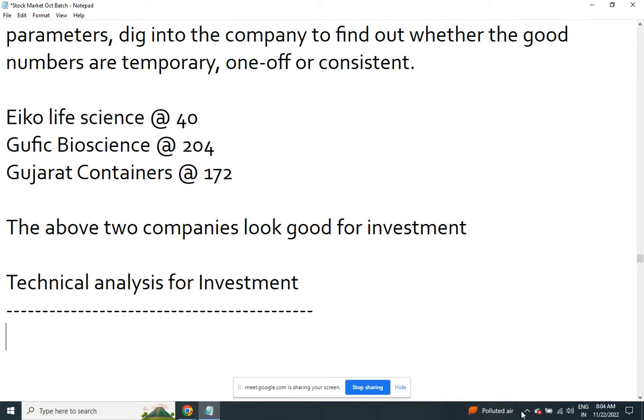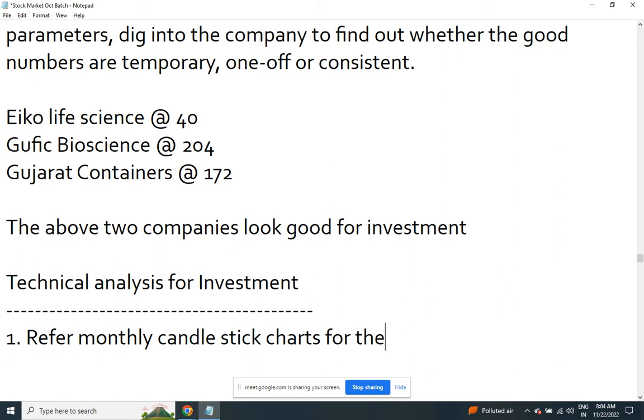So the first thing you have to keep a note of is to always refer to candlesticks. Refer to monthly candlestick charts for the investment.